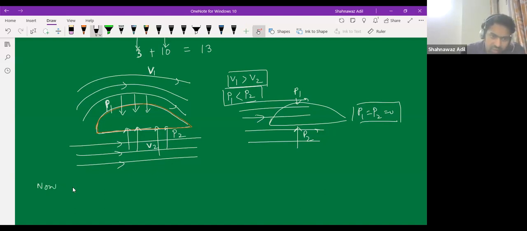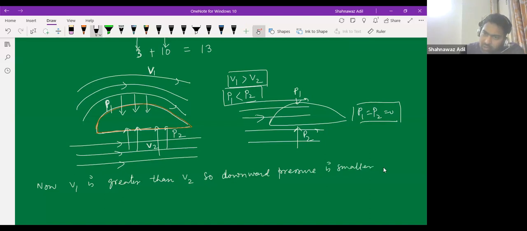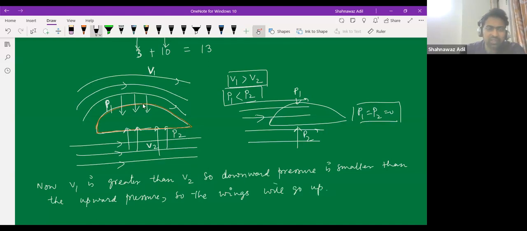Now velocity 1 is greater than velocity 2, so the downward pressure is smaller than the upward pressure. So the wings will go up, right? Because they will move in this direction.